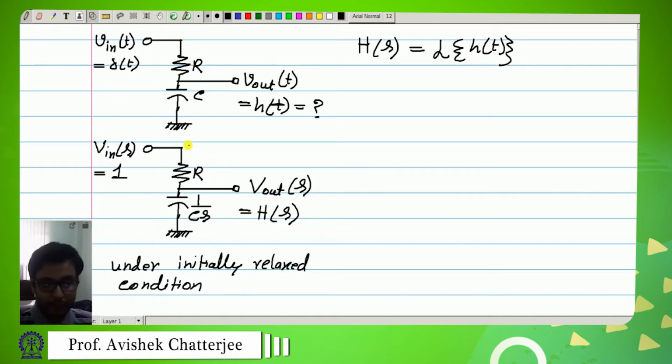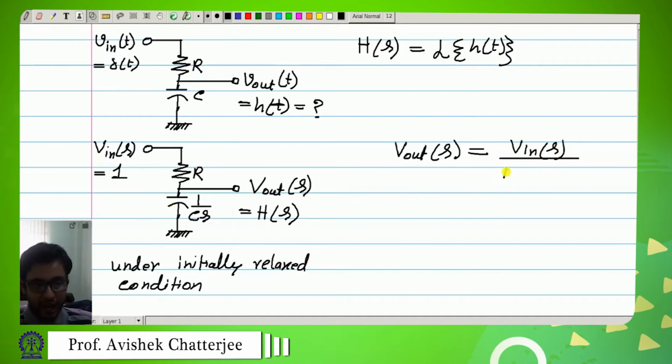Then you apply any circuit theory that you know. So we will apply the potential divider rule here. So V out S will be equal to V in S divided by the total impedance R plus 1 by Cs, multiplied with 1 over Cs.